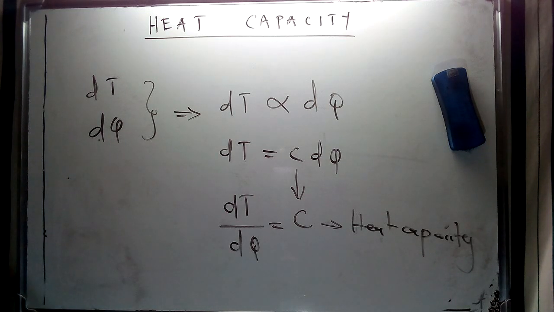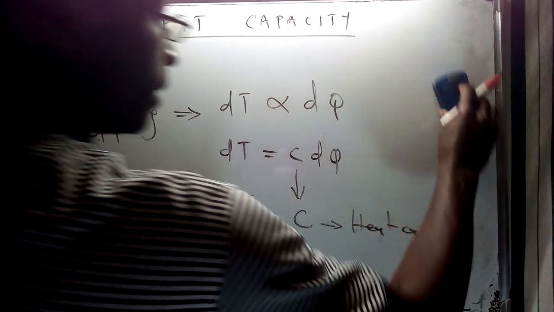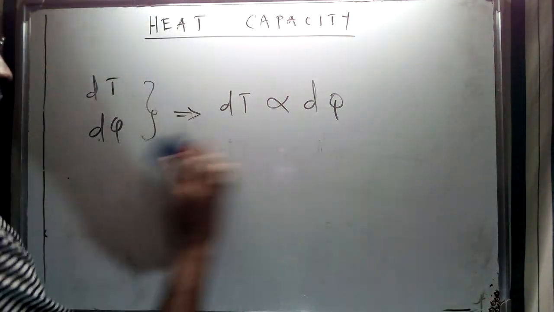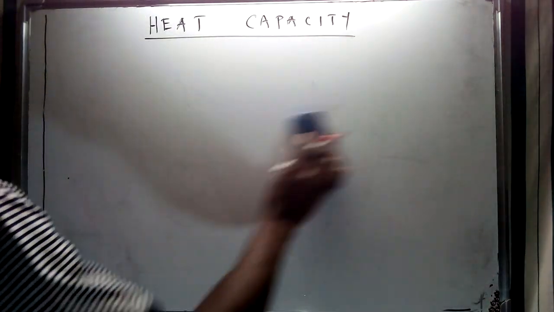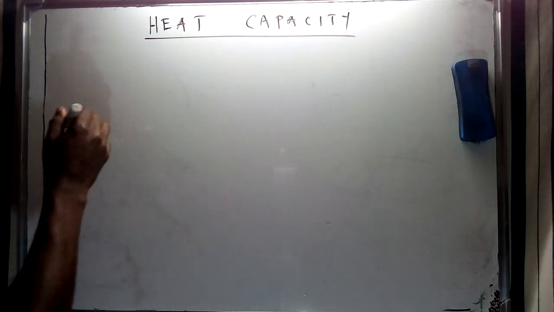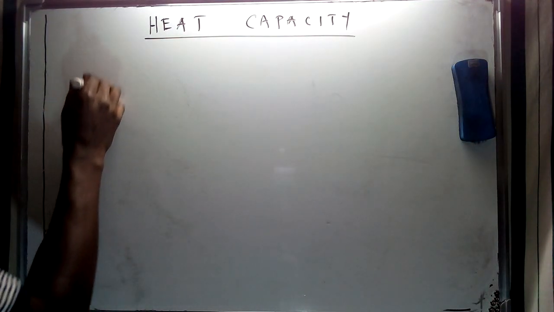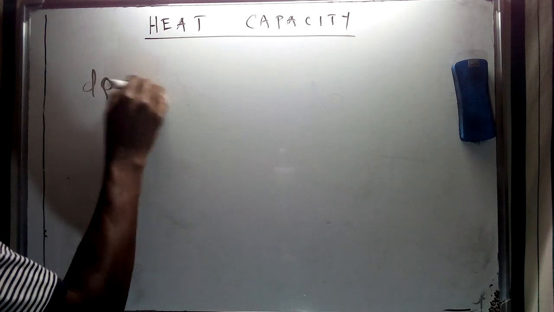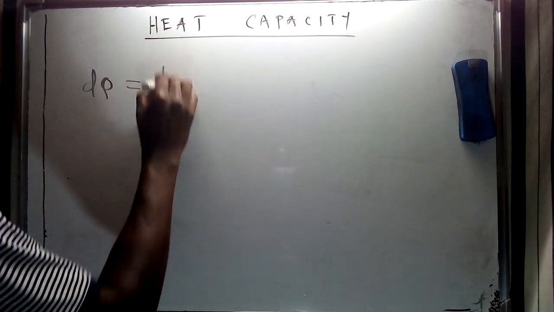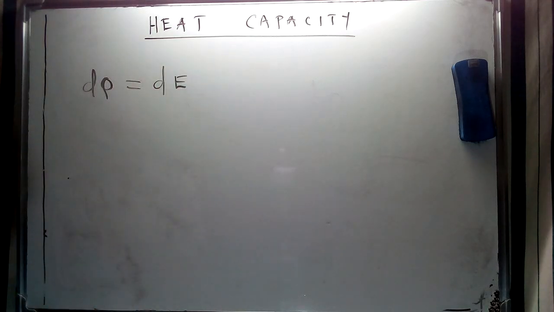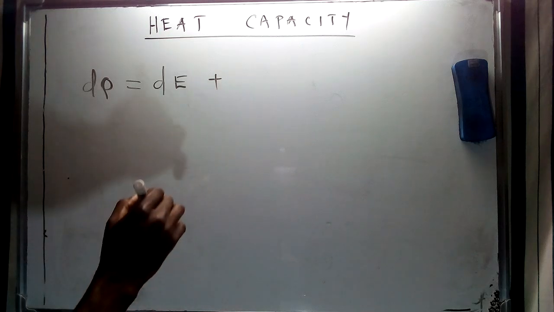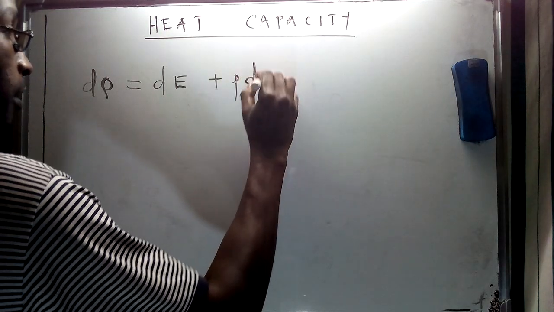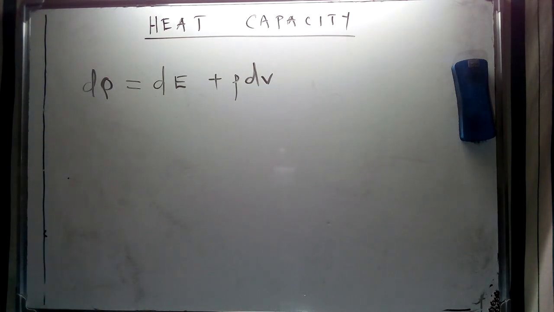According to the first law of thermodynamics, we are given a relationship between the energy, the work done, and the heat involved, whereby the change in heat is given as the sum of the change in energy, delta E, and the work done by the change in volume under constant pressure, given as P dV.